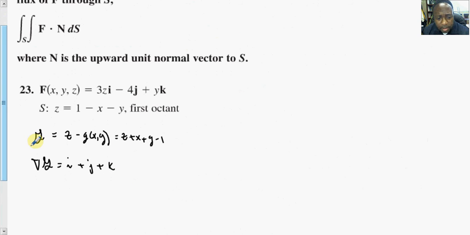So we need that. Now capital F in terms of X and Y, where Z is g of XY, this is 3 times Z, which is 1 minus X minus Y, i, minus 4j plus Yk.